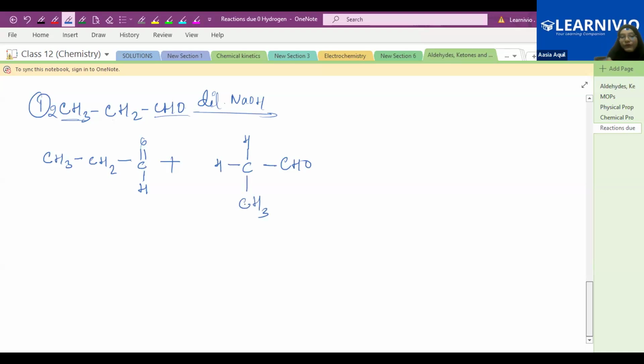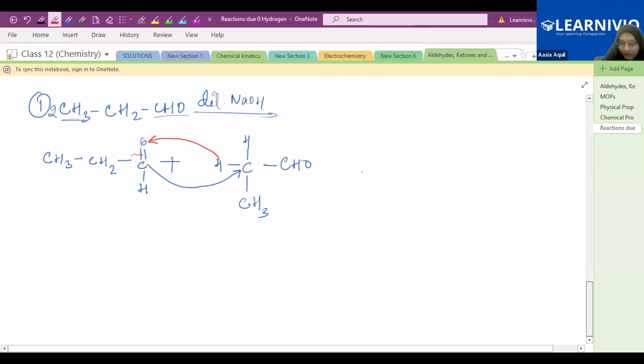For the ease of writing the product, this is the alpha carbon of the second molecule, and this is your carbonyl carbon, the CHO group. So this carbon will get attached to the alpha carbon. And this hydrogen will get attached here with the oxygen, and you have to break this pi bond of the carbonyl group.